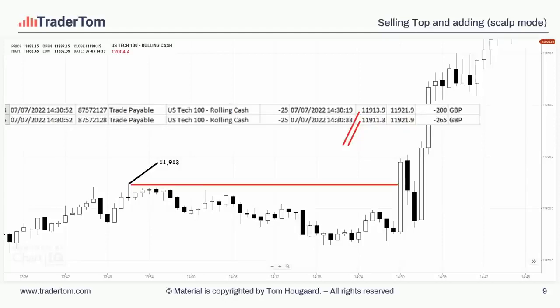At 19 seconds past the open, I execute a short signal at 11,913.9, and then about 14 seconds later, the market is moving in my favor and I'm adding to my winning position, and then I'm holding it. The market is actually moving a little bit in my favor, and then it moves against me, and in approximately 20 seconds after my original entry, I take a loss of 10 odd points on each position.